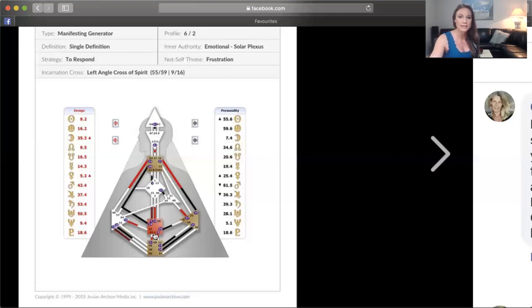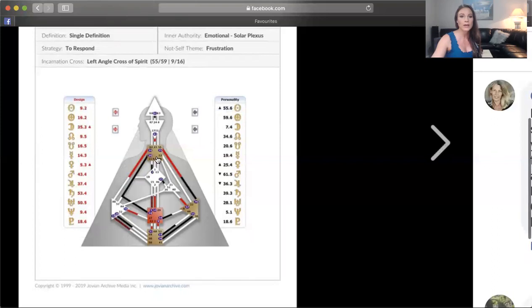And do we have a channel here? No, we don't have a channel between the sacral and the root, but everything is connected, you can see. So it's a single definition, and there's not a split, so that we have, for example, the sacral being away from the throat and the emotion.